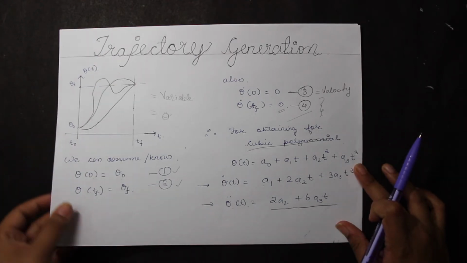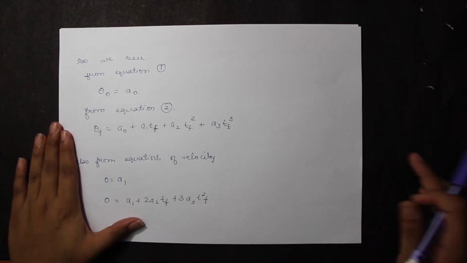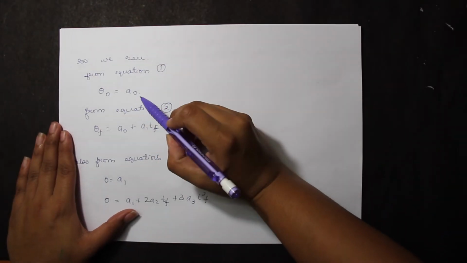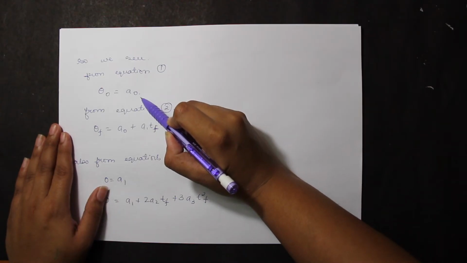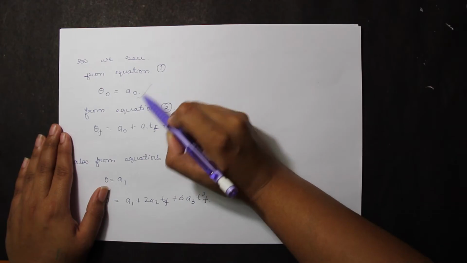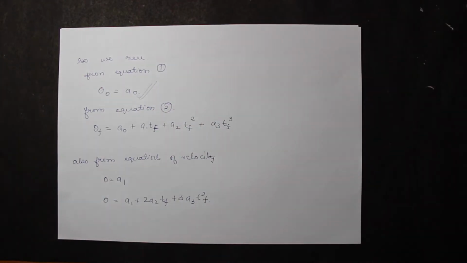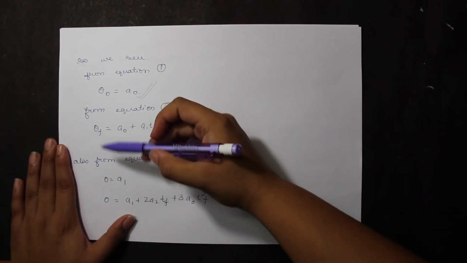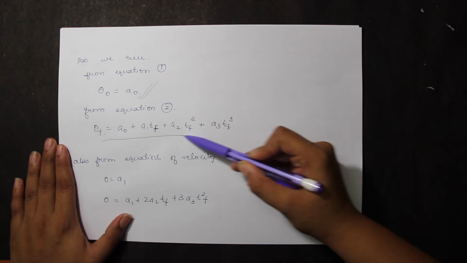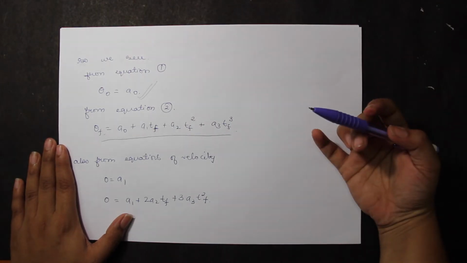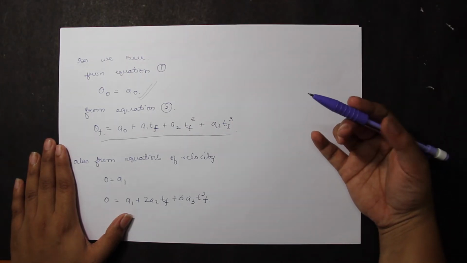So we see from the first equation, that is theta of 0 equals theta naught. We simply substitute the value of t, that is t equals 0, and we come up to something like this. From the final position, that is the value of theta f at tf, we simply substitute the value of t as tf, and we come up to something like this.